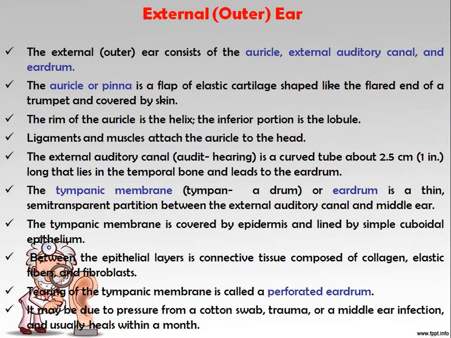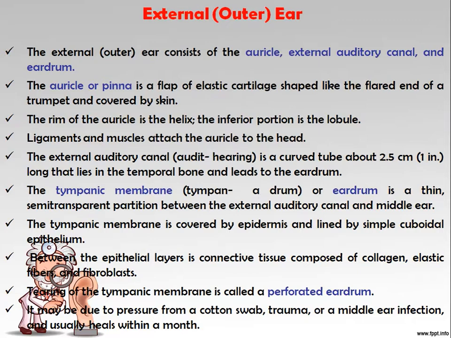The external auditory canal is a curved tube about 2.5 cm or 1 inch long that lies in the temporal bone and leads to the eardrum. The tympanic membrane or the eardrum is a thin semi-transparent partition between the external auditory canal and the middle ear. The tympanic membrane is covered by epidermis and lined by simple cuboidal epithelium.